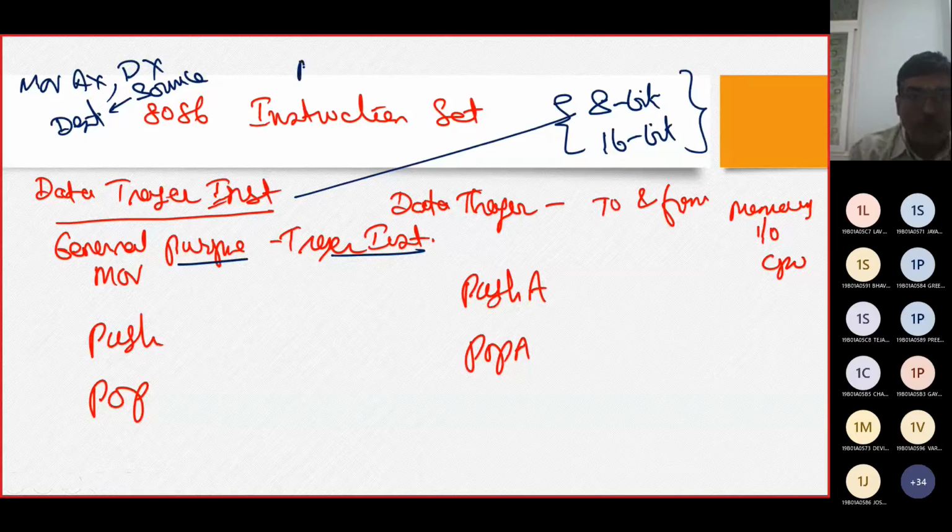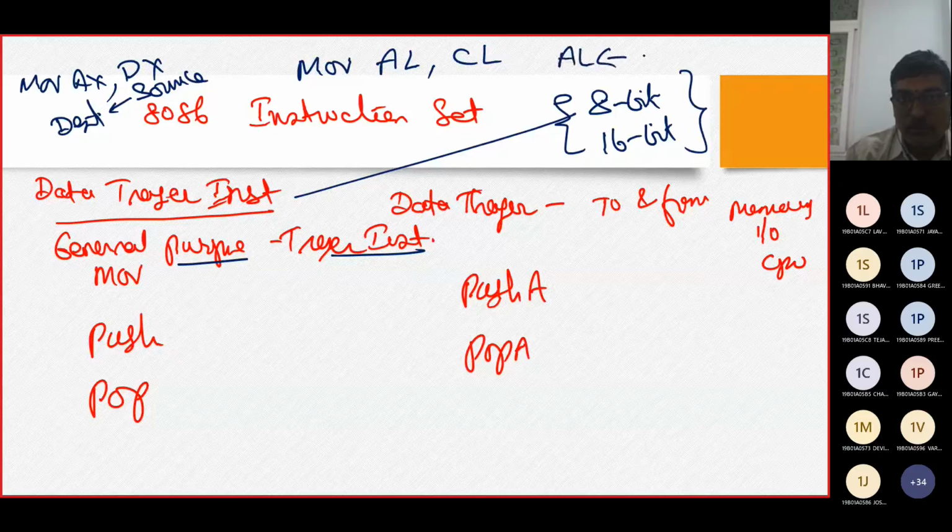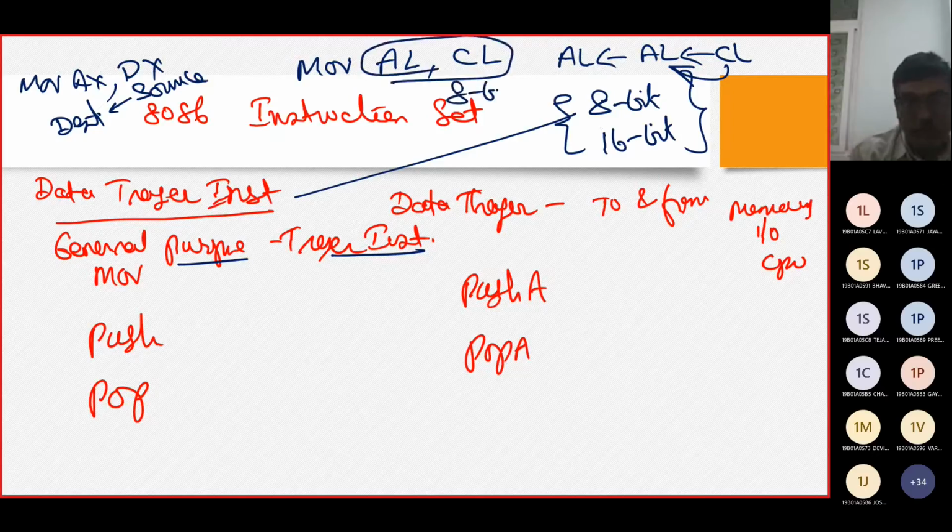Now move AL comma CL. That means AL is equal to CL. The content of CL was moved into AL. At this point we say it is an 8-bit instruction.